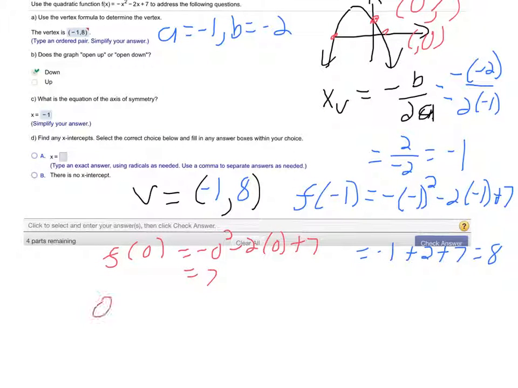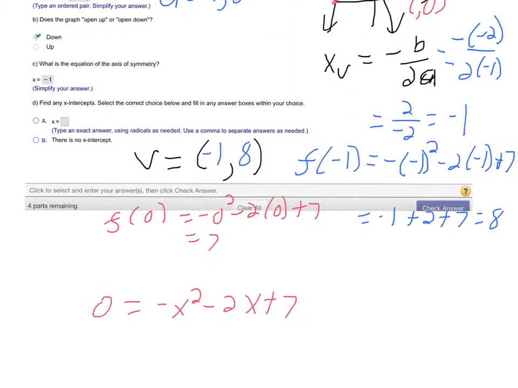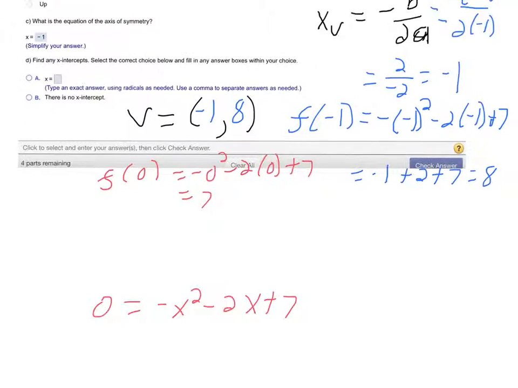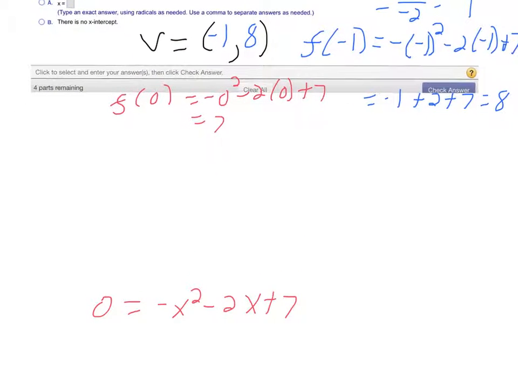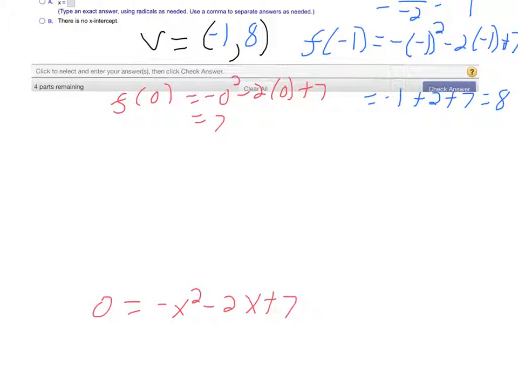I want to let y be 0, and then you have to solve this. I want to find the intercepts of this.